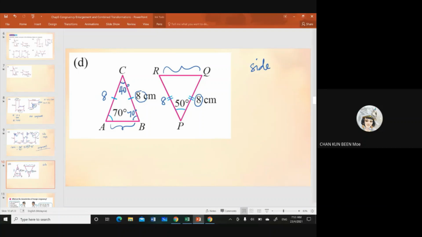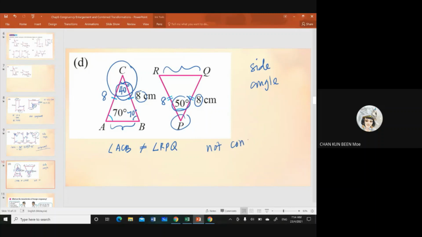The corresponding angle for angle ACB is which angle? Angle RPQ. Yes, very good. This angle is angle RPQ. Are they the same? 40 and 50, not the same, right? So when either the side or the angle is not the same, it means that this diagram over here is not congruent.